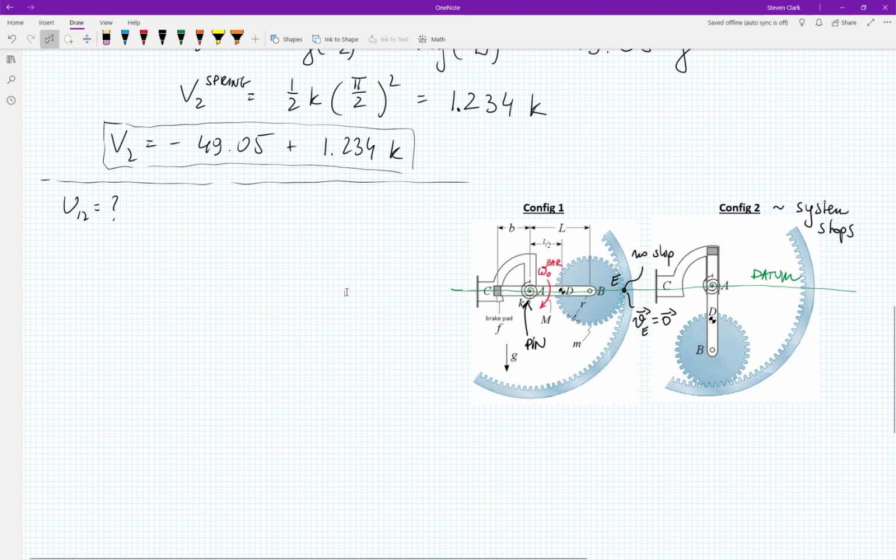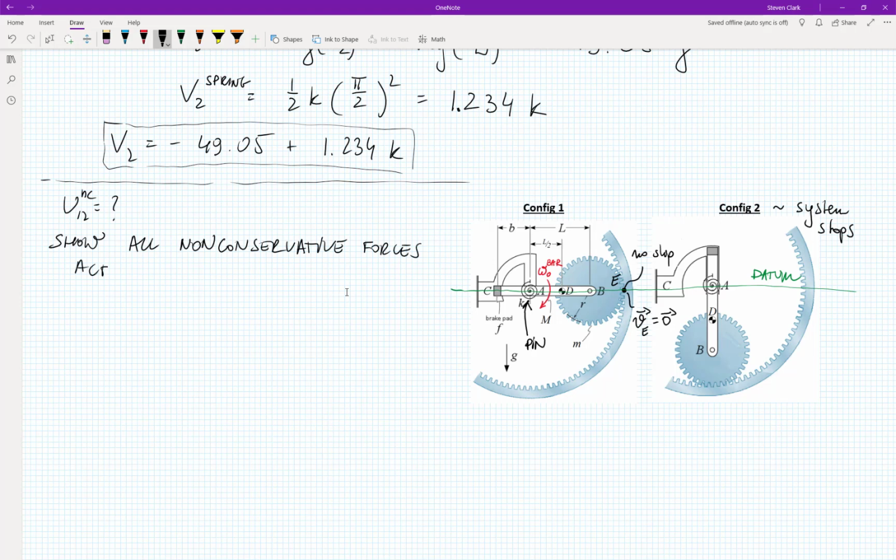Okay, but before we calculate work of non-conservative forces, I think we should first show what non-conservative forces act on our system, right? So we should start with showing all non-conservative forces acting on the system. Okay, so let me draw it.